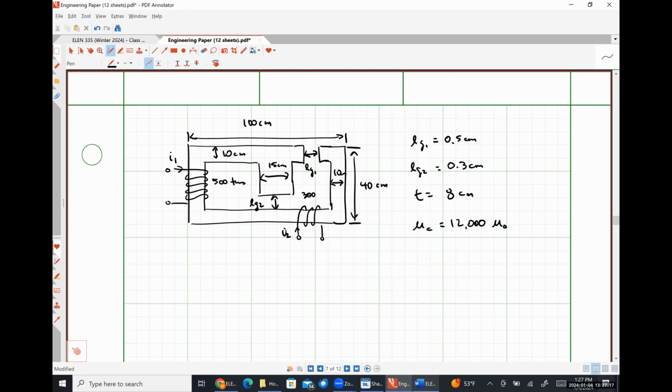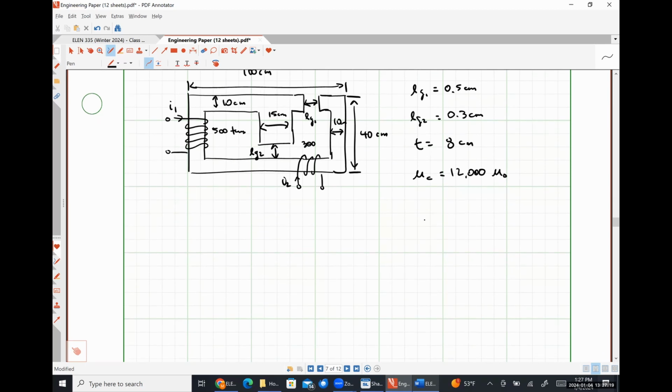From a magnetic circuit perspective, our circuit's going to look something like this. Here's MMF1. This is the reluctance of the left-hand leg.